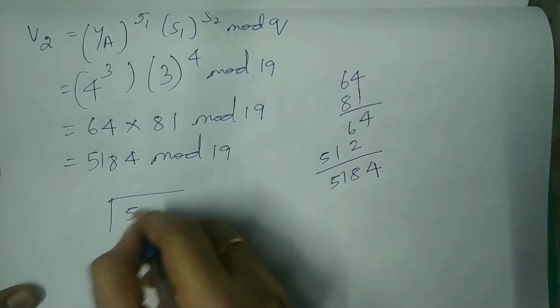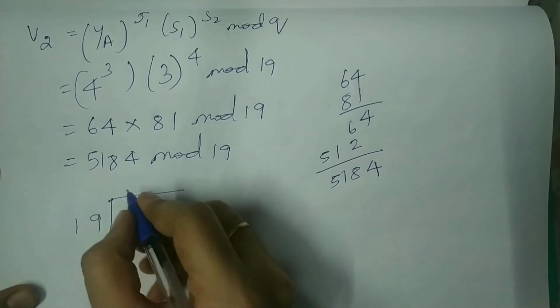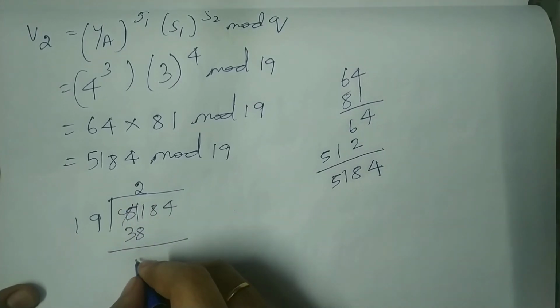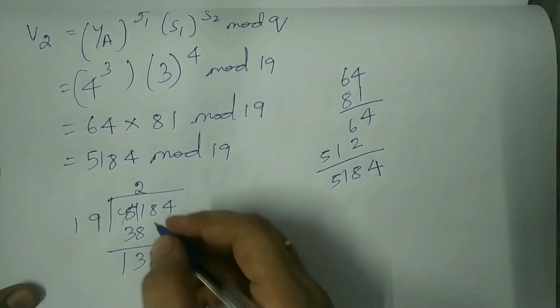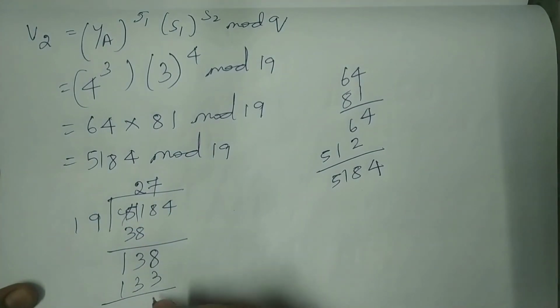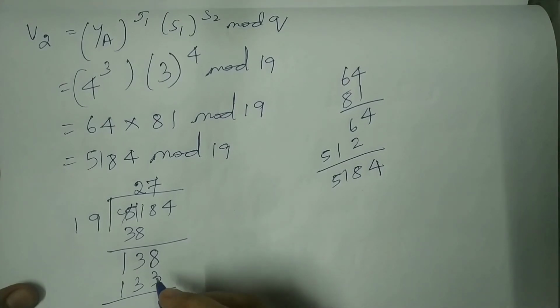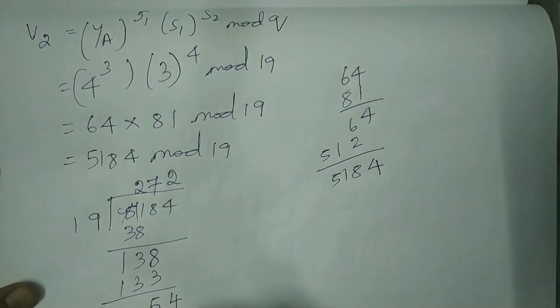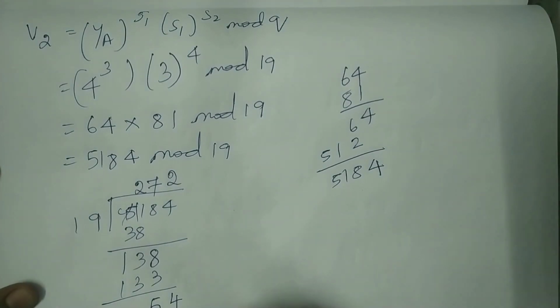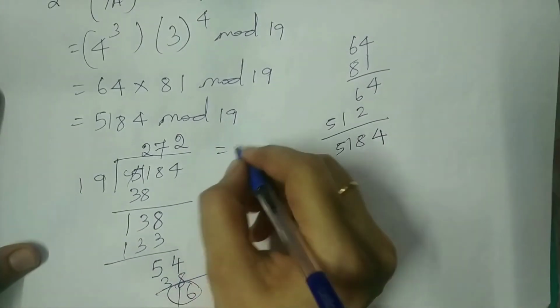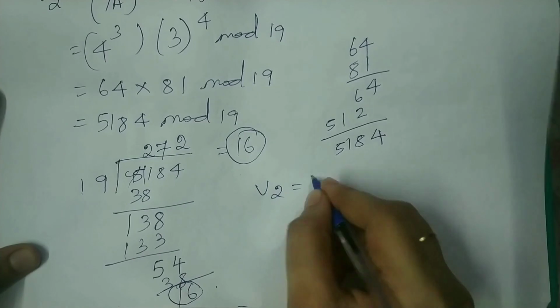Now we need to divide these two, and then I'll get the remainder as 16. So therefore the answer for V2 is 16.